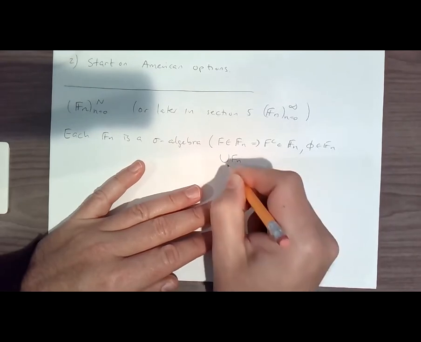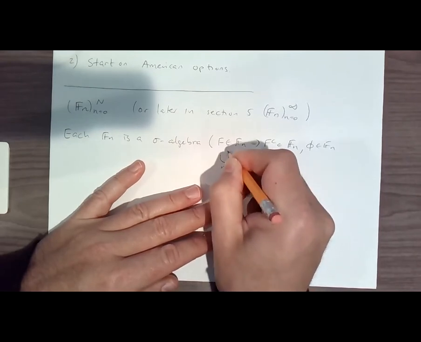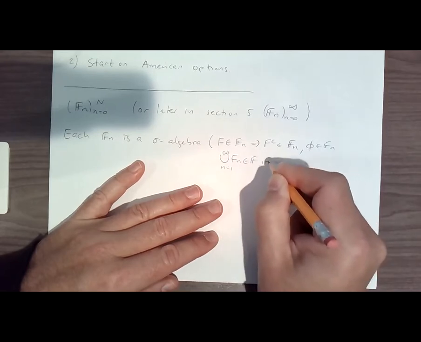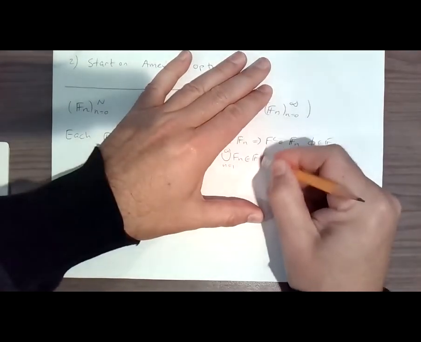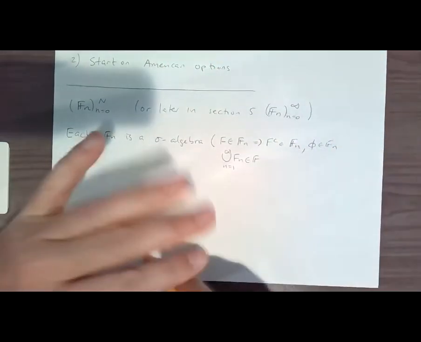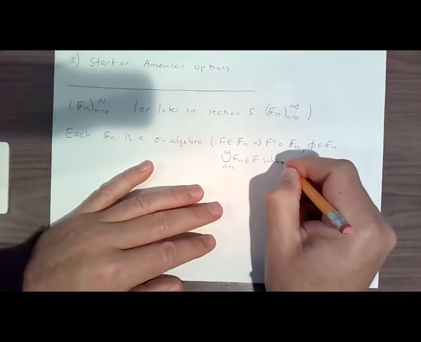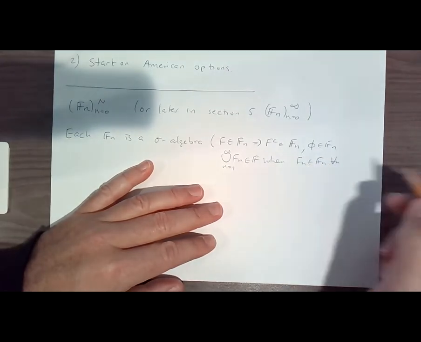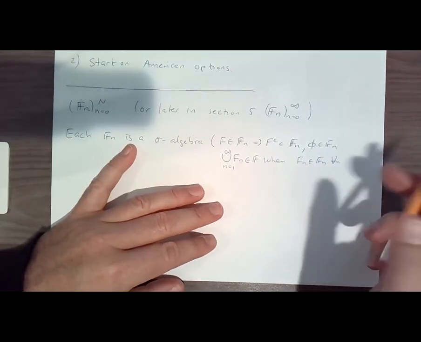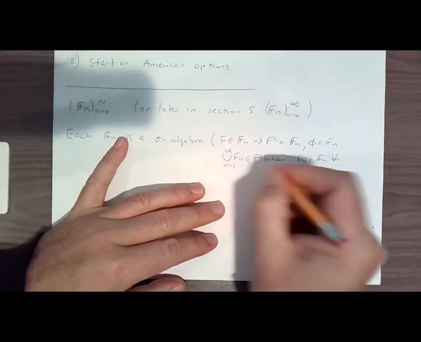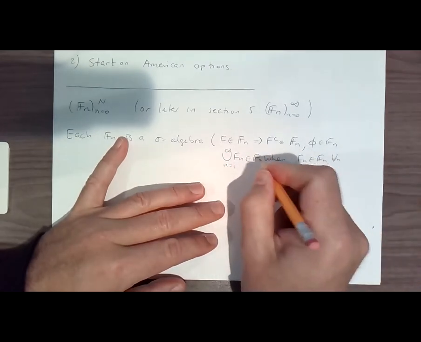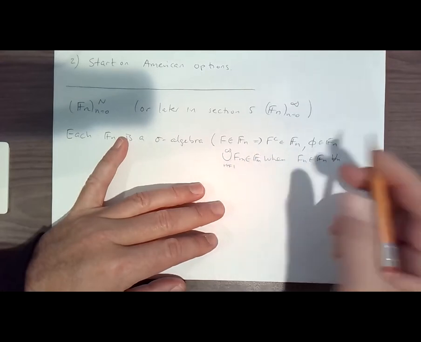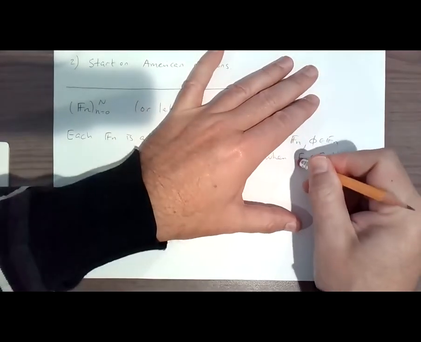So the union of Fn belongs to F when Fn belongs to Fn for all n. So I should say maybe Fm. I shouldn't be using the same letter for too many things. Call this m here.